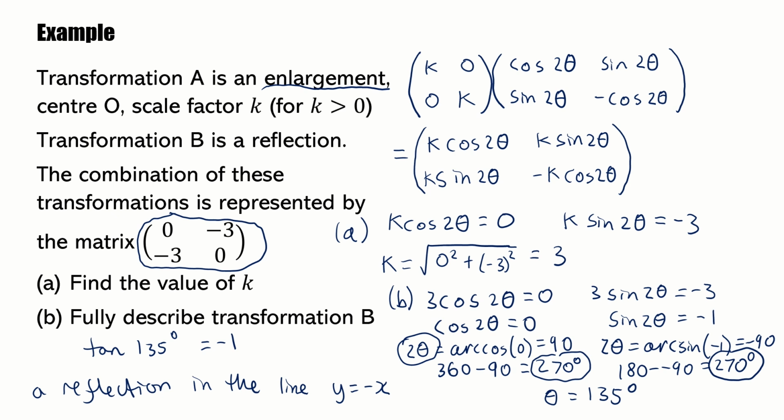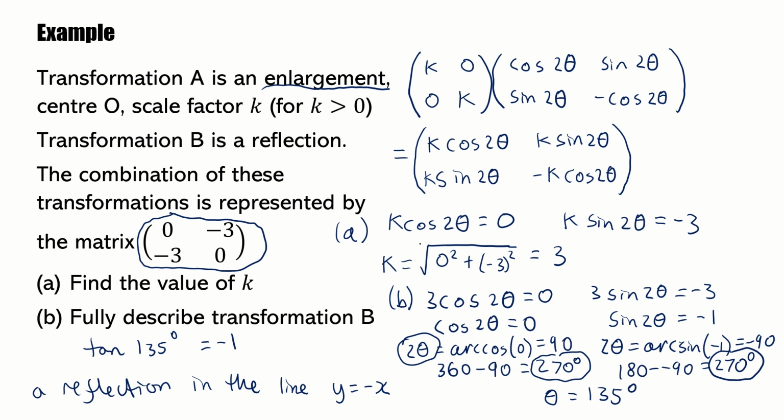Now that was me showing a general approach to dealing with these questions where you have to identify what transformations have gone on, but ultimately there is sometimes an alternative approach you can take involving the determinant, and that's also true for this question, because you can make use of the fact that the determinant has a strong link to enlargements, which is that enlargements have a determinant of k squared, so instantly from the determinant of the overall matrix you have something linking to k squared, whereas the determinant of rotations and reflections is 1 because they're things that don't enlarge the area of something.